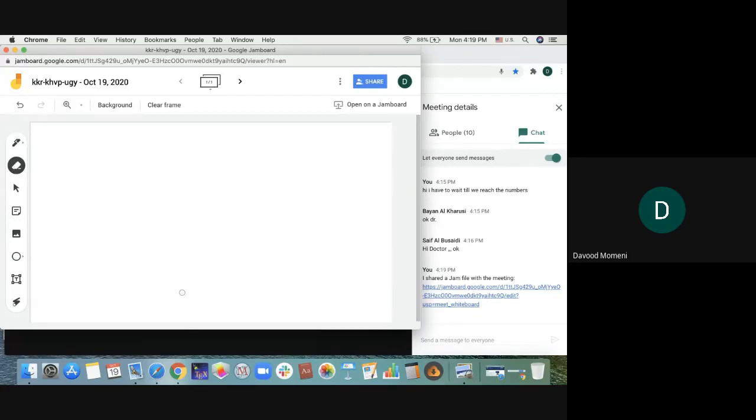Hopefully you will see now, so we can write something here. Let's try to see how it works. For example, x squared is equal to x plus 1. So not bad, okay.